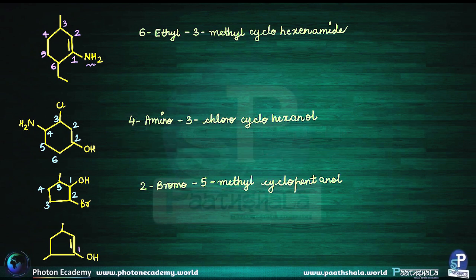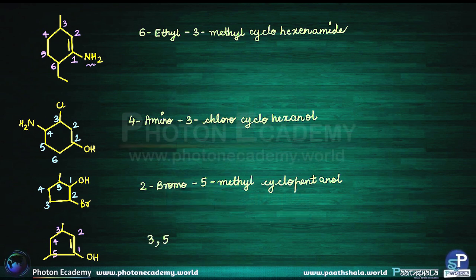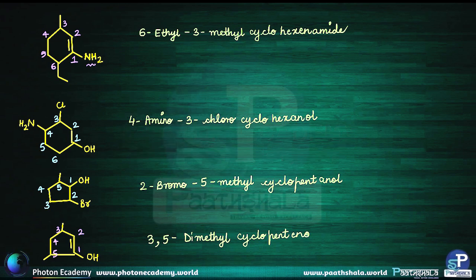So 1, 2, 3, 4, and 5. The name of this particular one becomes 3,5-dimethylcyclopentanol. So at 1 we have the double bond also, and at 1 we have the OH group also.